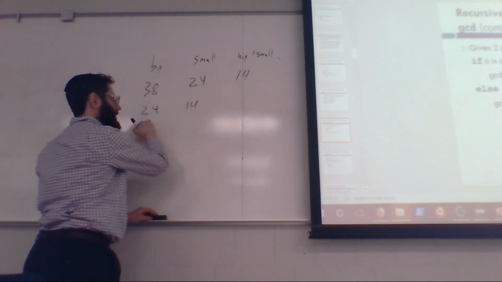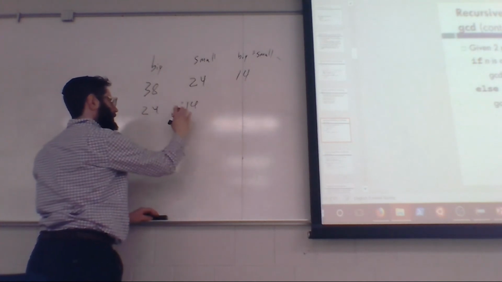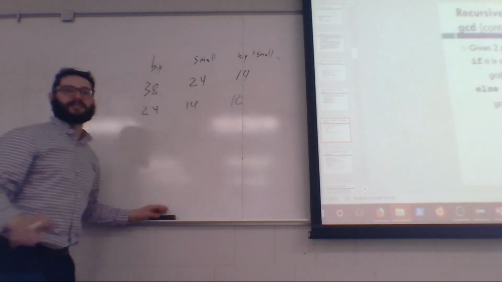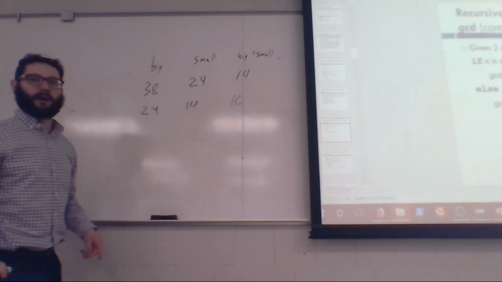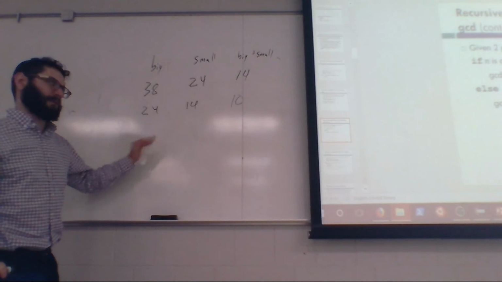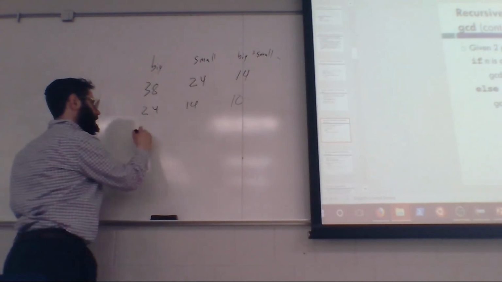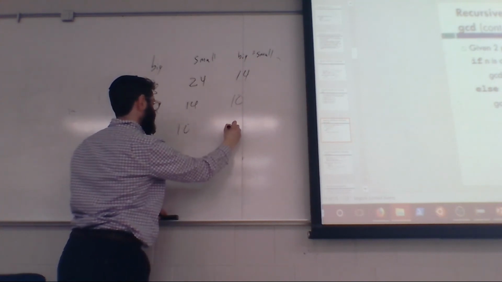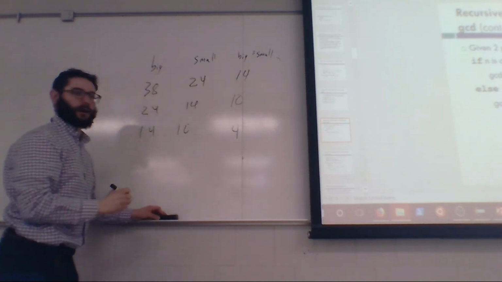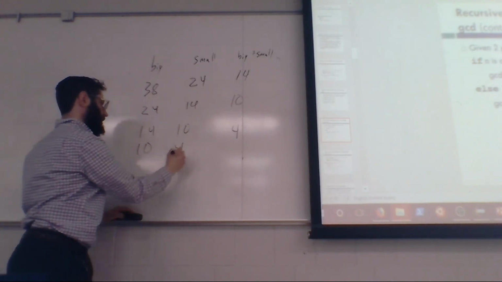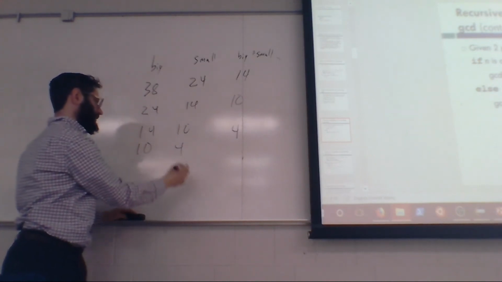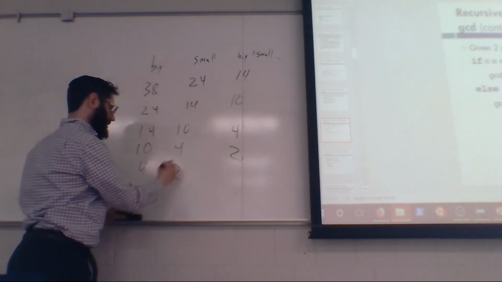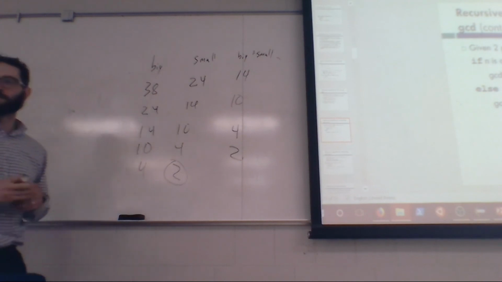This does not cleanly divide this, so we do this minus this, which gives us 10. That's just the easy way for us to figure out if it's evenly divisible, if it divides into it once. So now we've got 14 and 10, so these don't cleanly divide. 14 mod 10 gives us 4. 10 mod 4 gives a remainder of 2. Then 4 and 2: 2 divides 4, so we return 2.